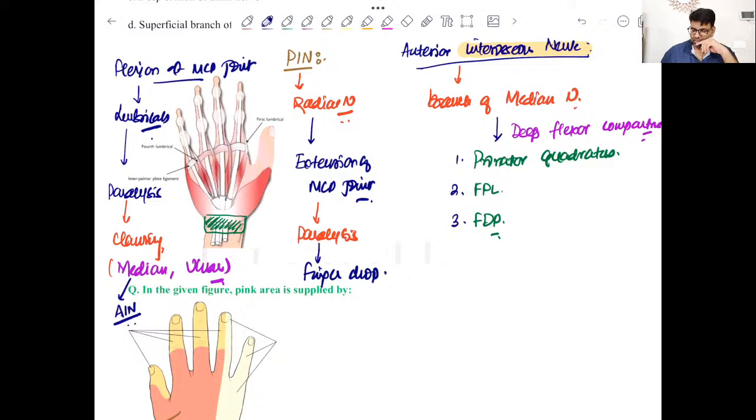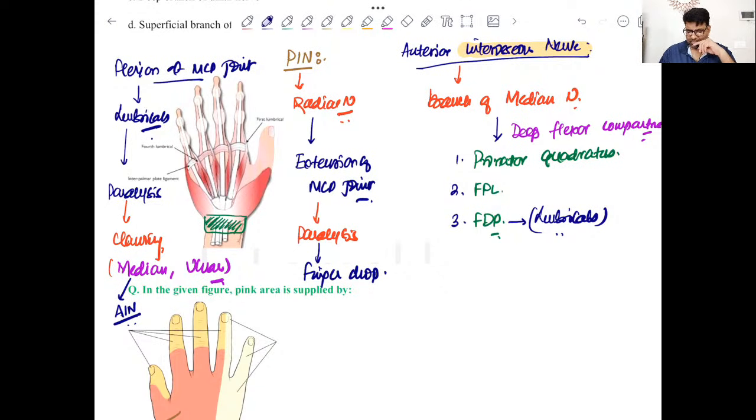Got my point? The lumbricals originate from the tendons of FDP, right? And we know that FDP inserts onto the distal phalanx, so this flexion is brought about by FDP. That is very important. Anterior interosseous nerve is a branch of median nerve.